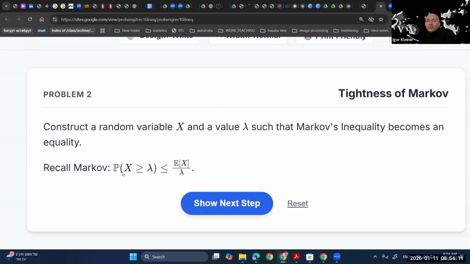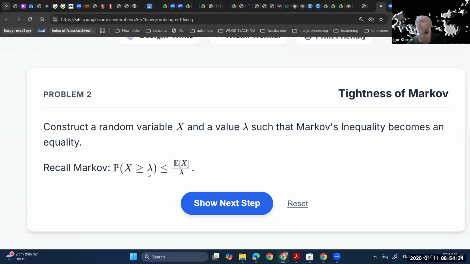We want to prove that it's impossible to improve Markov inequality, and this is the Markov inequality. How can we prove that Markov inequality is tight?